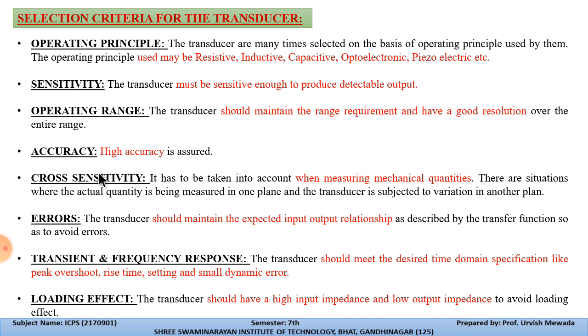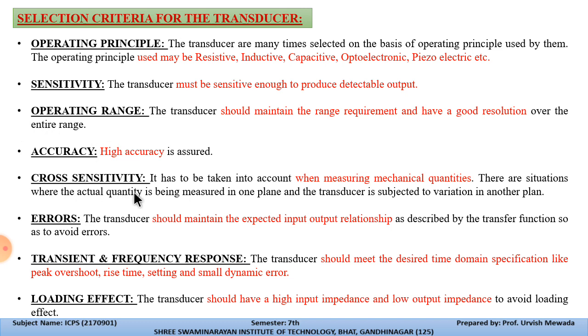The fourth characteristic is accuracy. We should ensure a high accuracy transducer, because if the accuracy of the instrument is not proper, then we need to take consecutive readings and from those readings select a representative reading. That is why accuracy is necessary while we select the transducer. Now cross sensitivity.